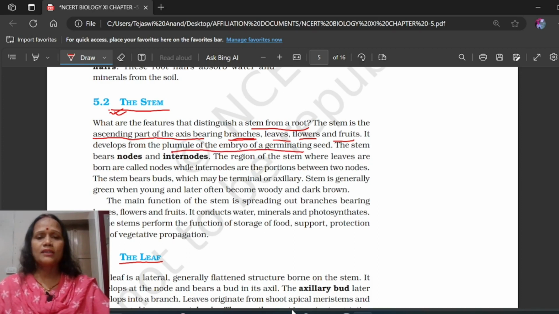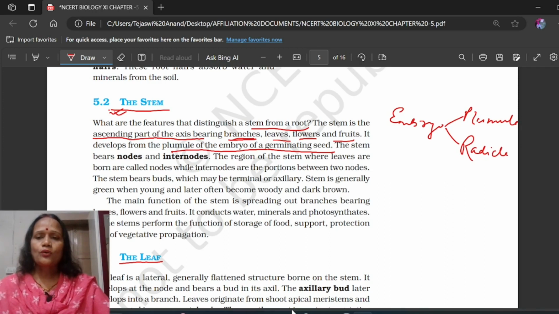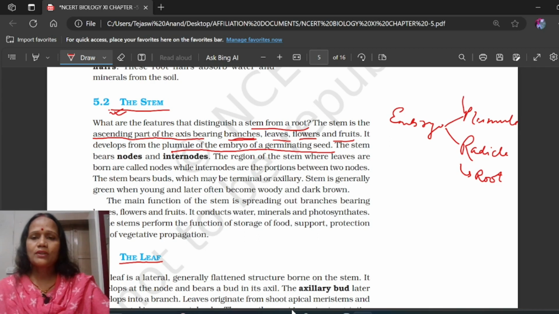As you know, the embryo of a germinating seed has two parts. One is plumule and another is radicle. As you know, radicle develops into root while plumule develops into shoot.